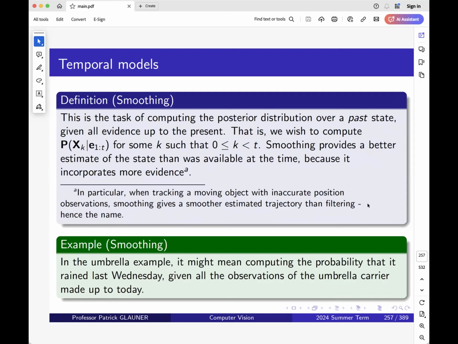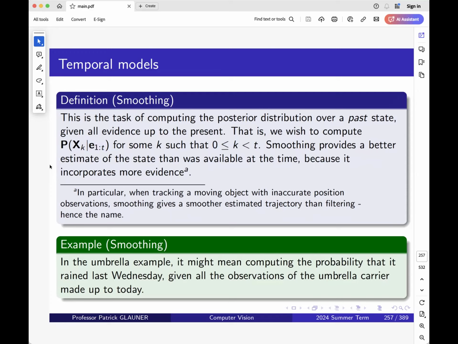So smoothing addresses a different use case than filtering. Concretely, we could write that I want to calculate the distribution over x of k, where k is somewhere between 0 and t, so somewhere in the past, given all the evidence up to t.